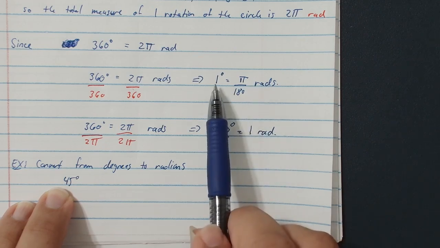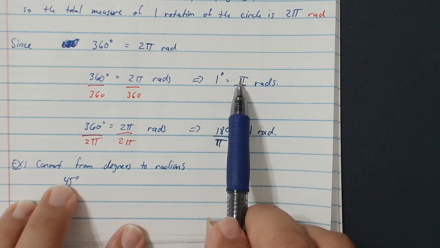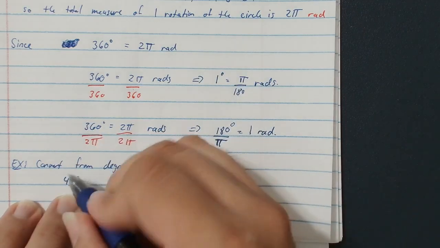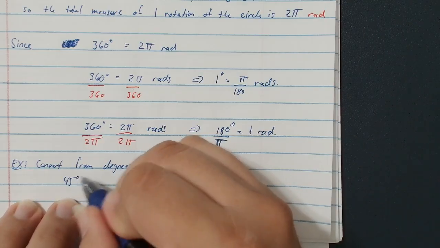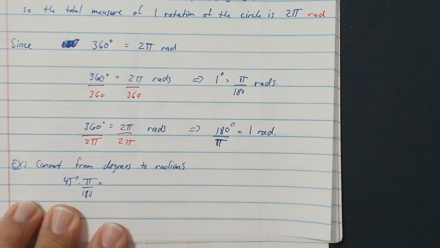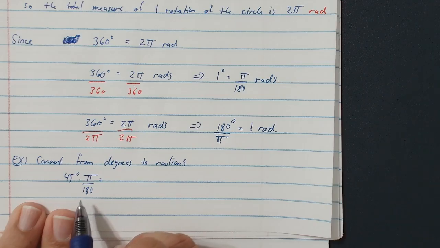So here what we can do is we can say, well, if 1 degree is equal to this, then 45 degrees, I'm basically just multiplying both sides by 45. So here 45 degrees, I can go ahead and multiply by pi over 180, and then that reduces. 45 over 180, that's going to give me 1 over 4.